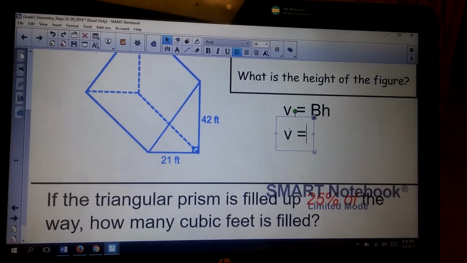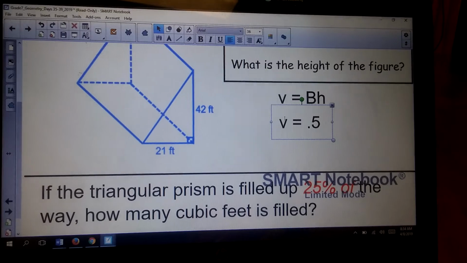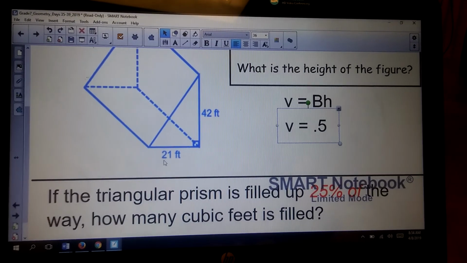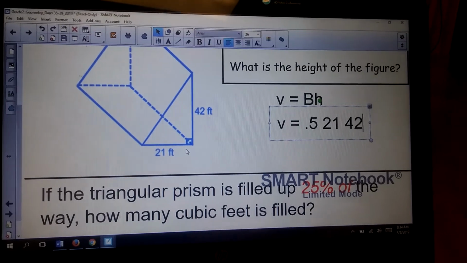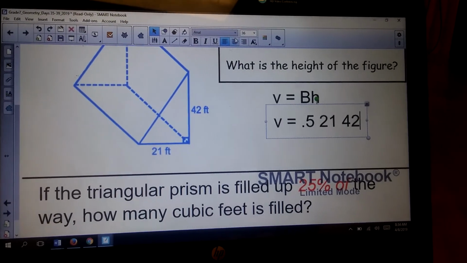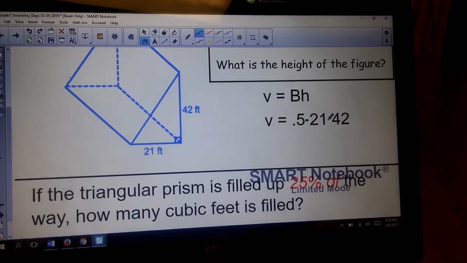So volume is going to be 1/2, or 0.5 times the base of the triangle, which is 21, times 42, which is the height. So it will be 1/2 times 21 times 42.